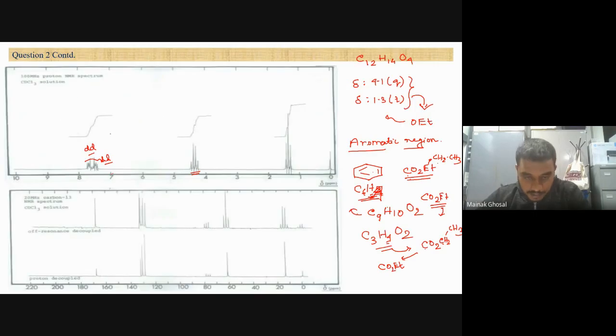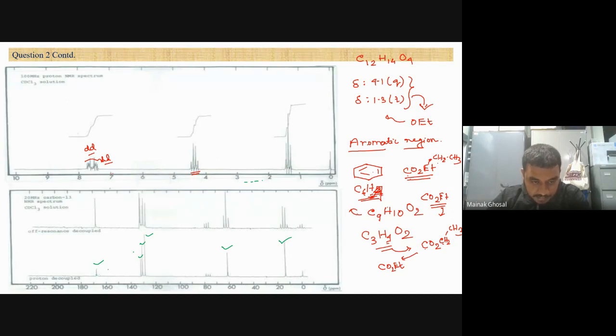Now you see where the peak positions are. First check in the proton-decoupled spectrum whether there are 6 distinct lines. Yes: 1, 2, 3, 4, 5, and 6. So 6 distinct lines are there, which also supports that we have predicted the correct compound. Now you need to identify which line corresponds to which carbon.